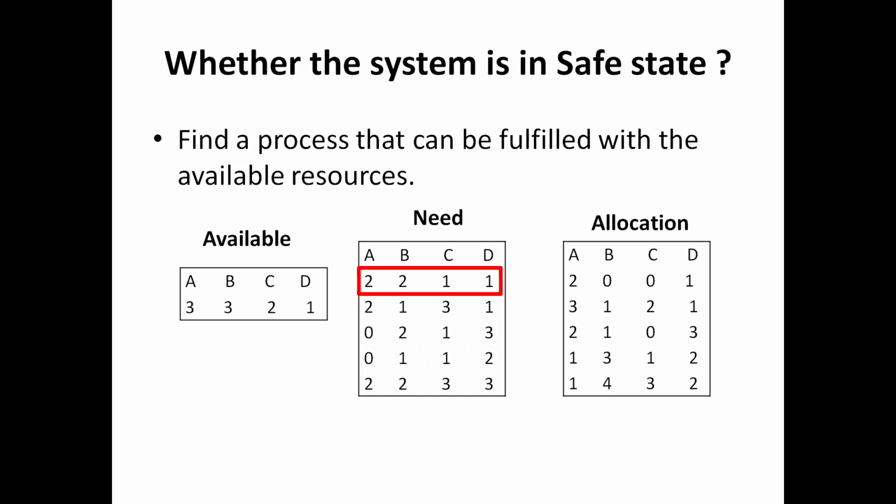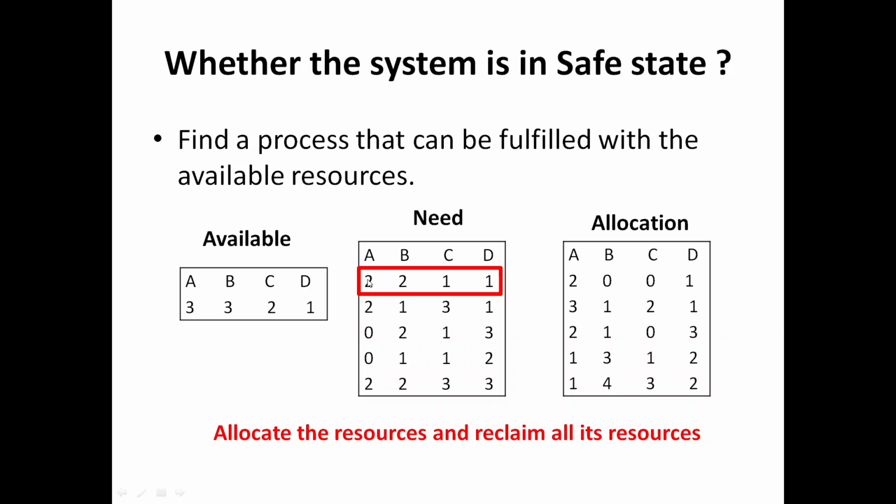With the increased resources, you should find the next process. These are the steps you have to follow. Let us start the process. So now the available resources are already known. We have to allocate the resources to the process that can be completed and reclaim all its resources. So can we complete the first process?